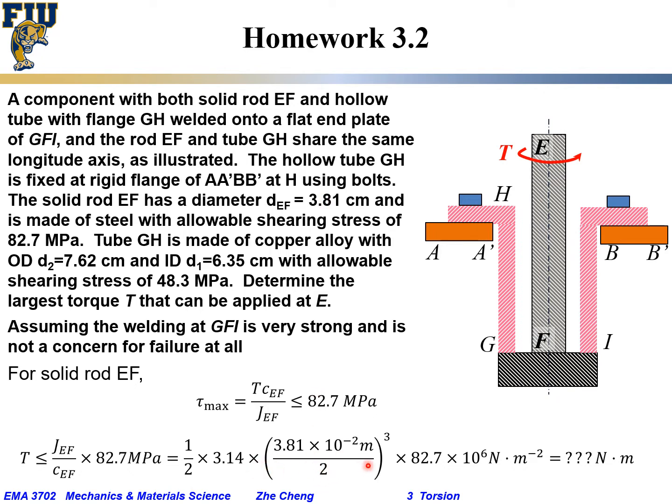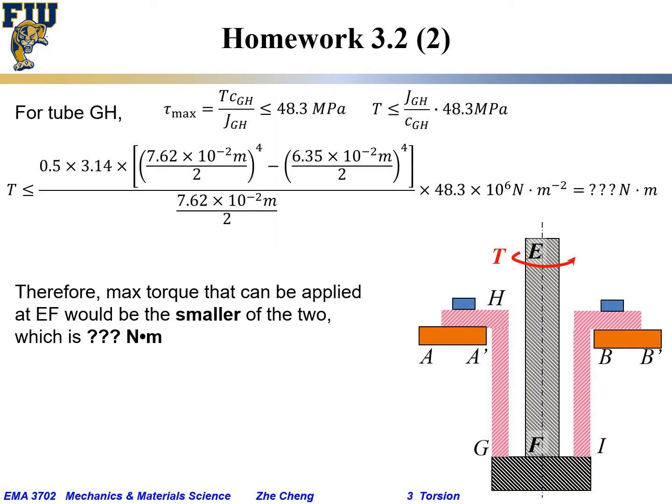Half pi radius to the power of 3 times this stress level, 82.7 times 10 to the power 6 Newton per meter square. And in the end, you get a number in the unit of Newton times meter for the largest torque when you only consider the shearing stress for the EF rod. Okay, that's only the first part.